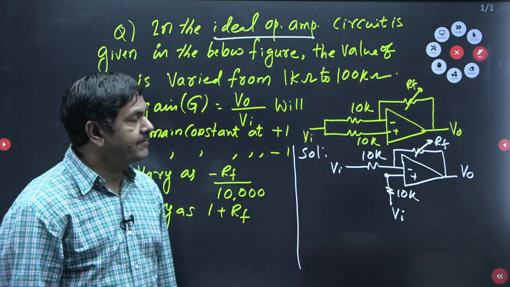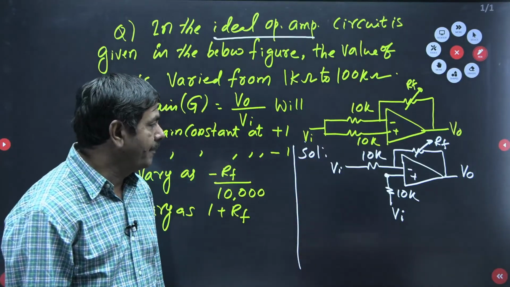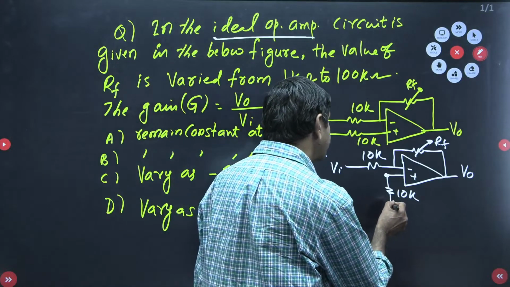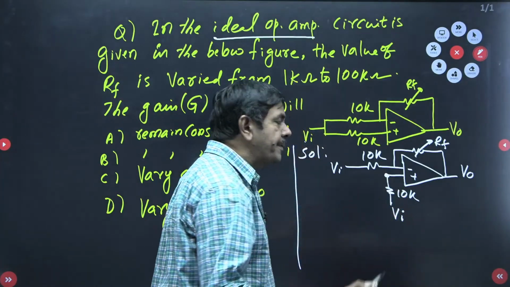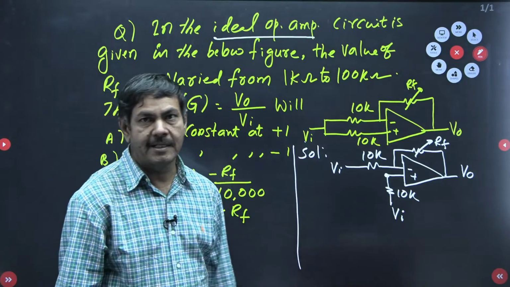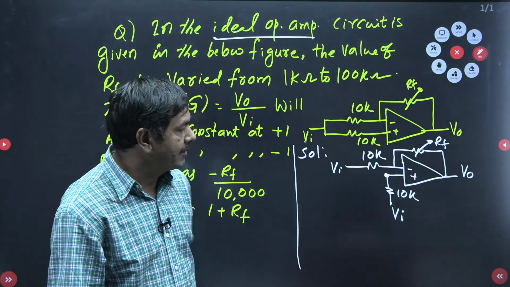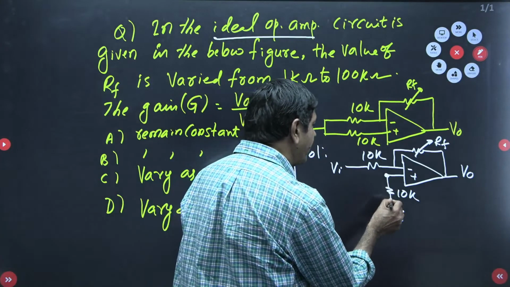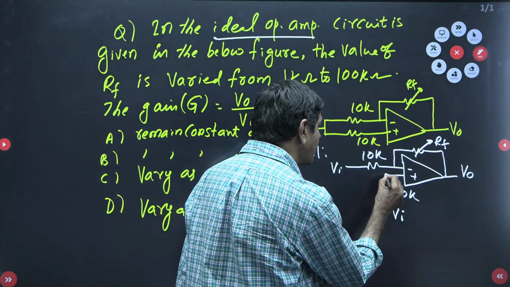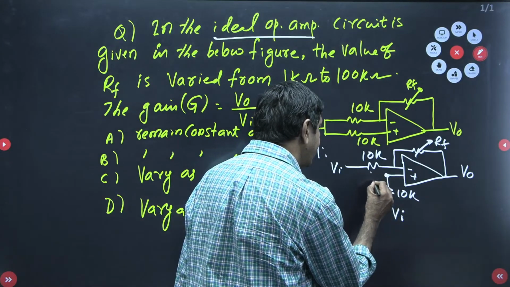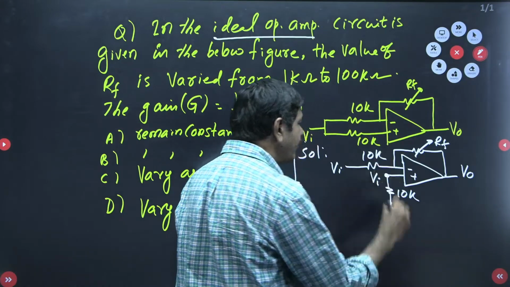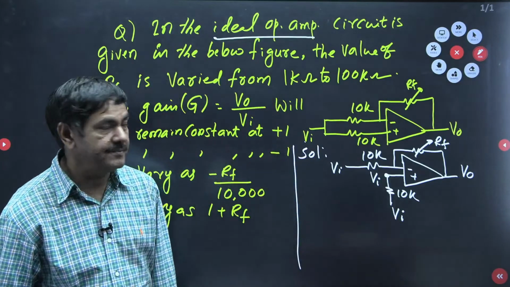Input impedance is very high for ideal op amp. In that case, what current is passing across 10K? 0 amperes of current is passing. It doesn't flow any current due to high resistance only, we can say. When there is no drop across 10K, at this node, I can have the same voltage VI.